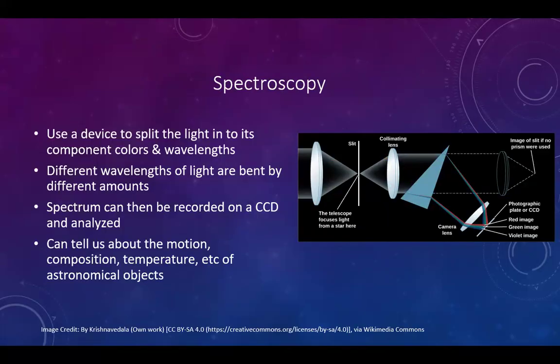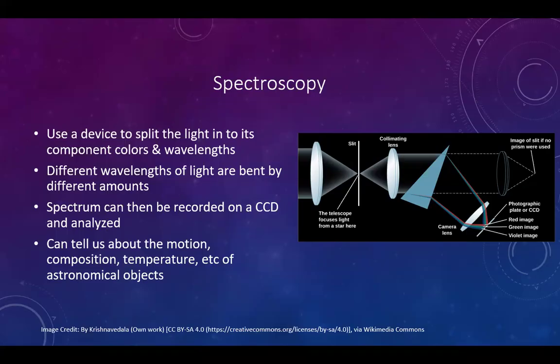Another thing that you can use that's very useful when you observe things is spectroscopy. We discussed the advantages of using spectroscopy on various objects. So most telescopes have some form of spectrograph or spectroscope. And they use a device that splits the light into its component colors and wavelengths. This could be a prism, this could be a diffraction grating, this just depends on what you're doing.